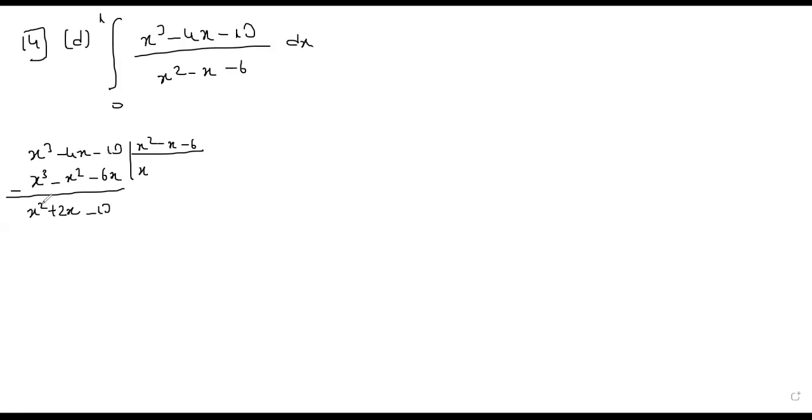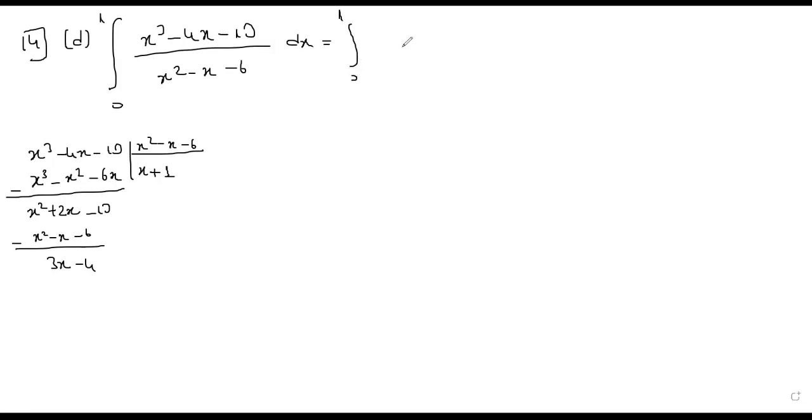Now the degrees are the same. We need to continue to divide it. So multiply by 1. We get x squared minus x minus 6. We subtract that. So what do we get? 3x minus 4. Okay. The degree of this one is 2, and the degree of this remaining part is 1. So we're done. Okay. Then what do we get from 0 to 1?